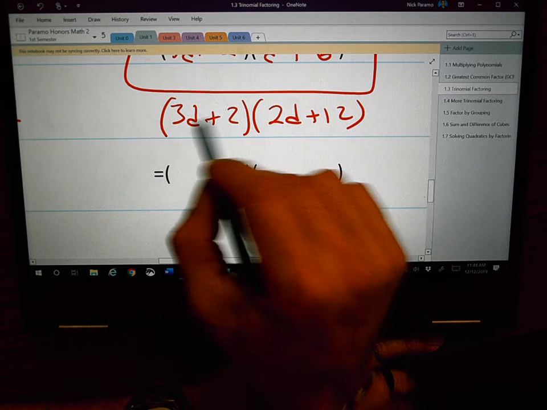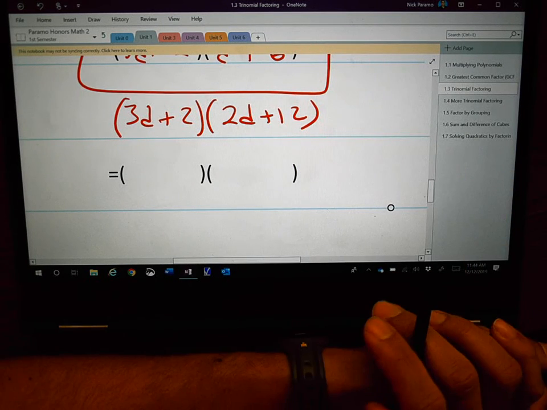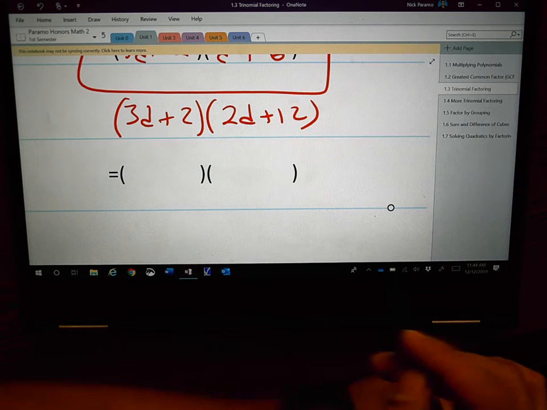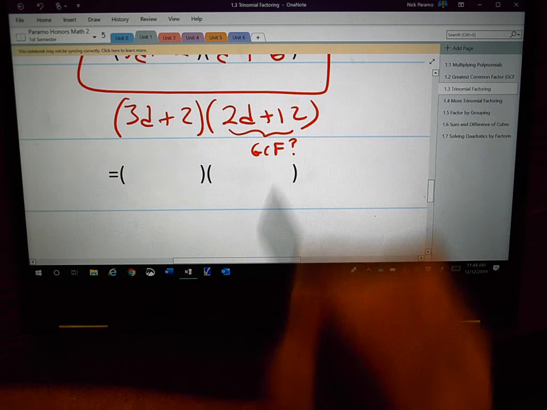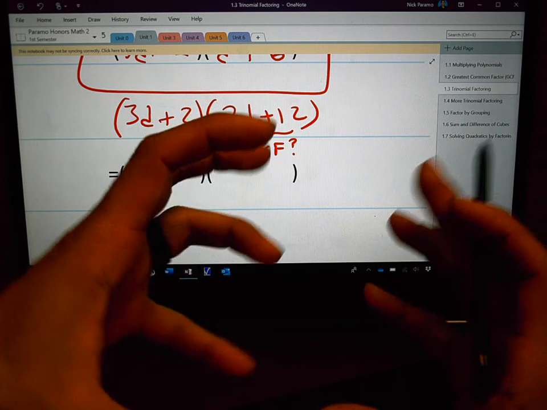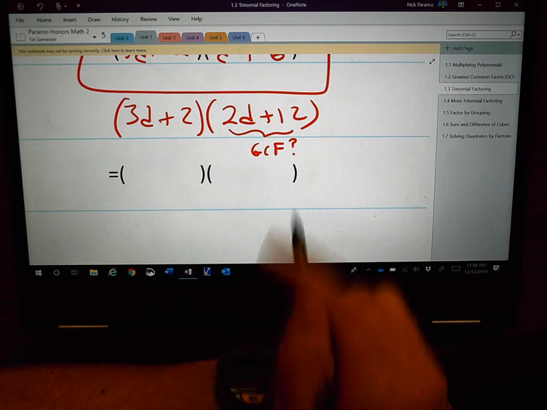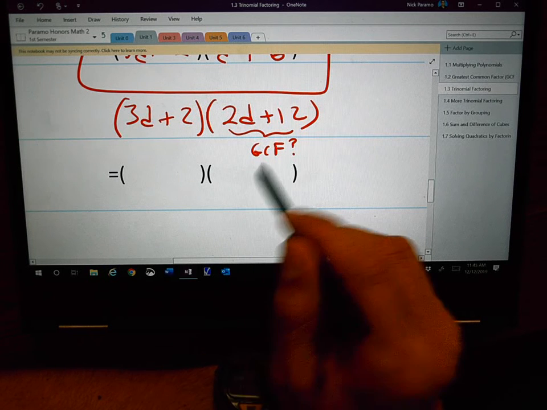And even though this times this and this times this foiled to be the answer, is this factored completely? No. Is there a GCF in 2D plus 12? If there is, it means you forgot to do the GCF inside your original problem. Look to make sure that your answer is always factored completely.